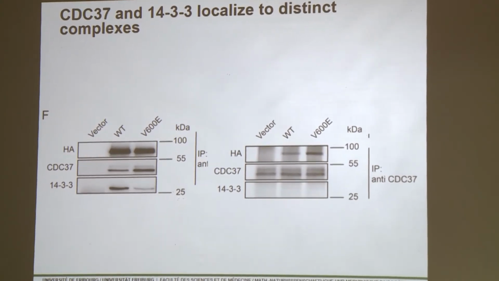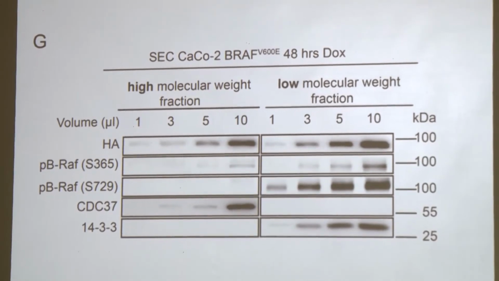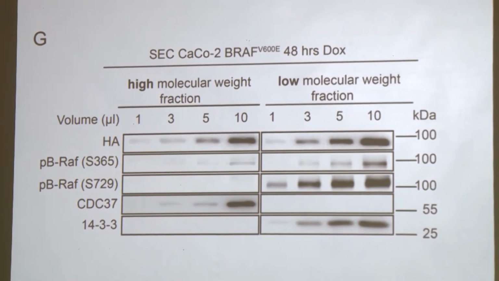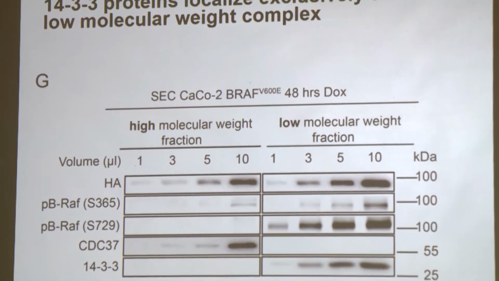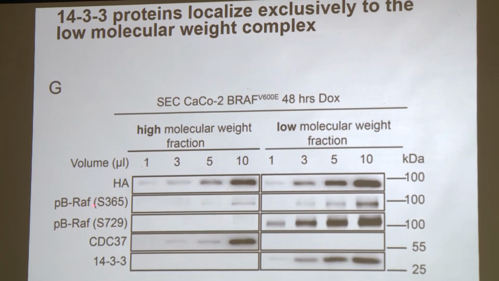And then as a last piece of biological information, it is known how 14-3-3 proteins bind to BRAF. We have 2 phosphorylation sites in BRAF. We have this serine 365 and serine 279. So these residues have to be phosphorylated in order for 14-3-3 to bind, right?